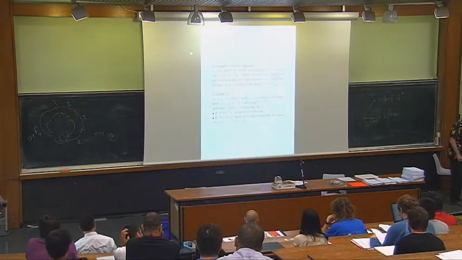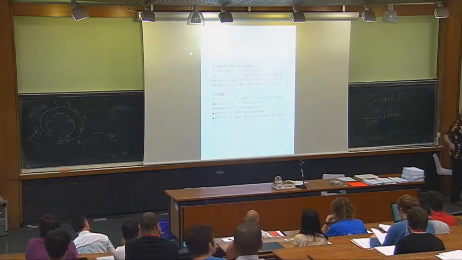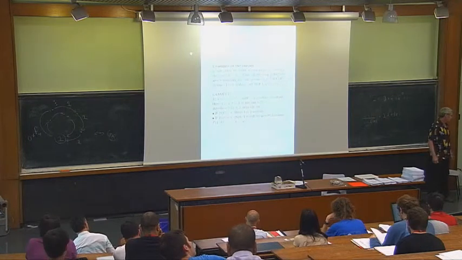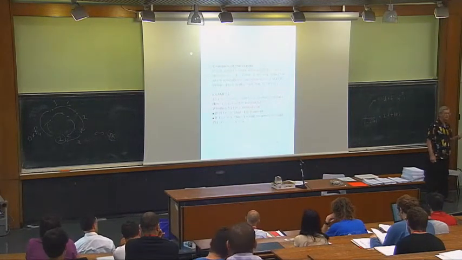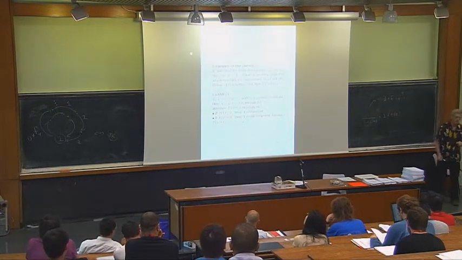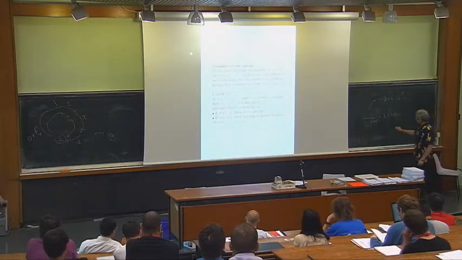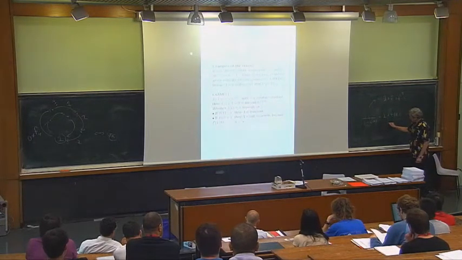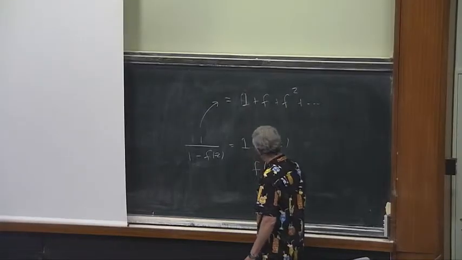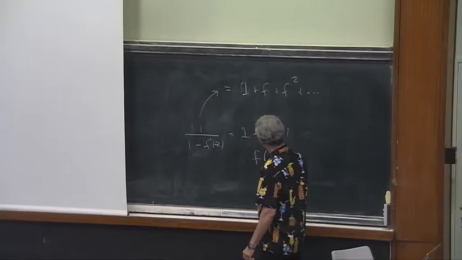Now, for examples of these classes, it's often more transparent to consider the case lambda equals 1. If lambda is not equal to 1, you could take a look at the function F(z) equals f of z over lambda.